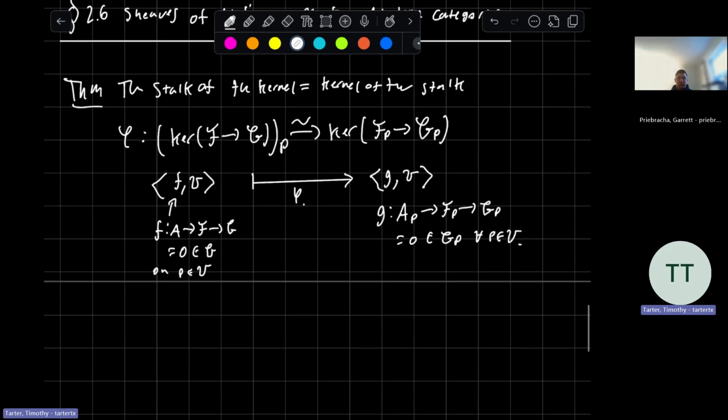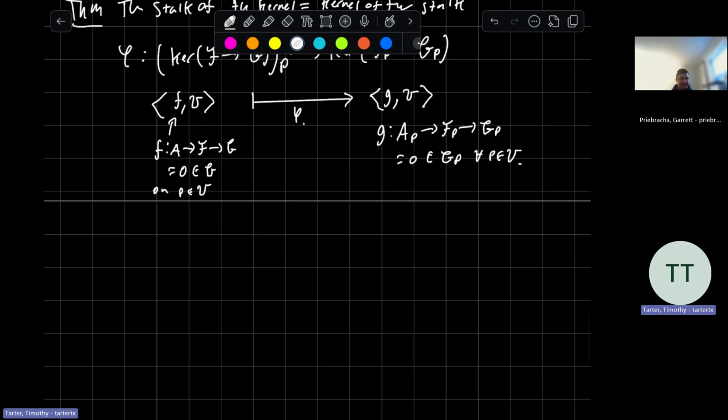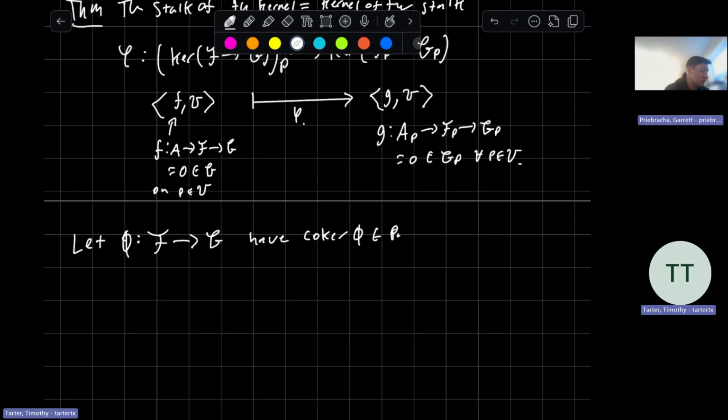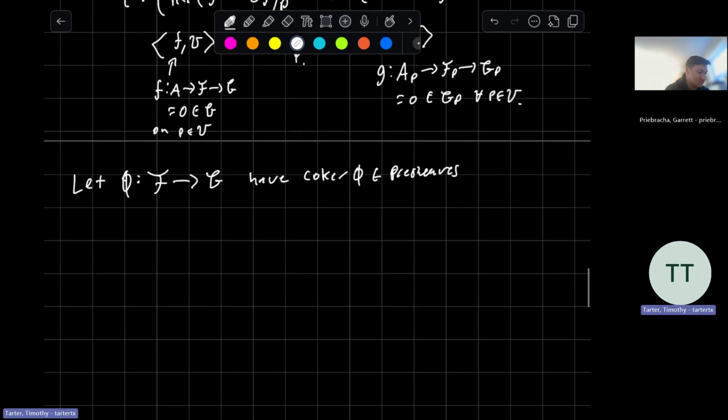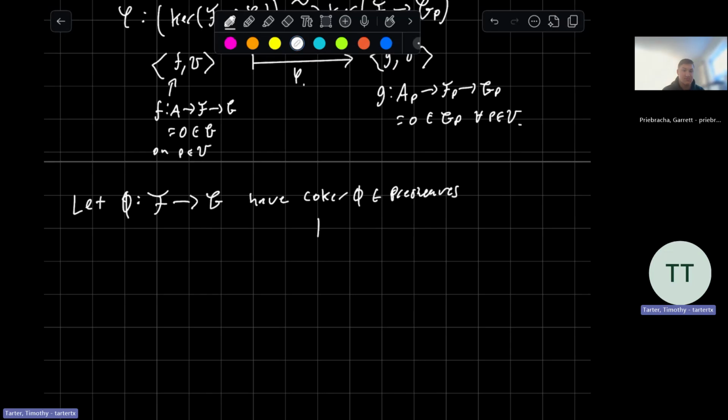Okay, so the way he sets this up is he says, let phi from F to G have cokernel phi in the category of presheaves, called script H pre.